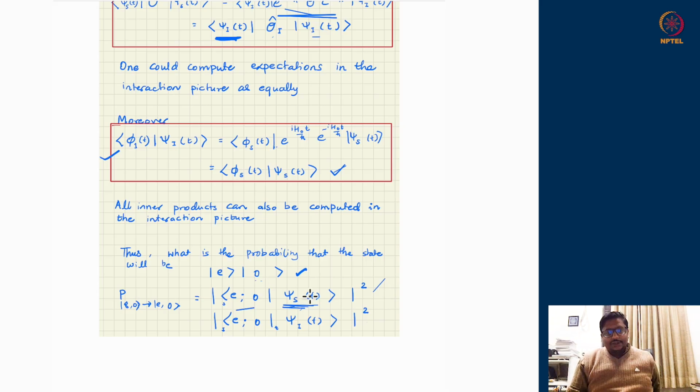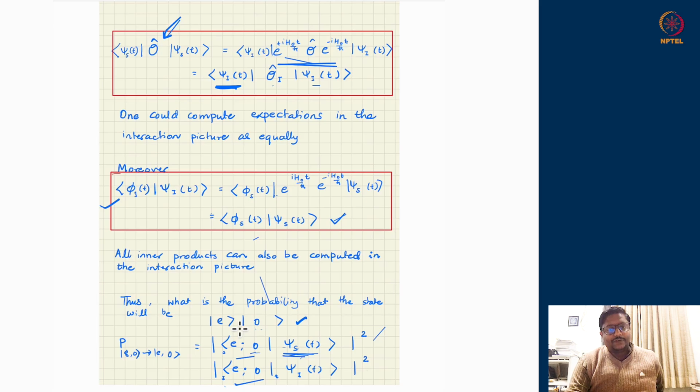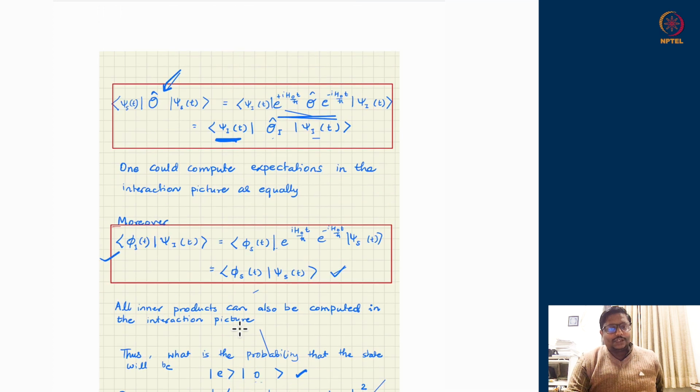This I can compute in the Schrodinger picture as well as in the interaction picture, as we have just learned. The only thing is that I have to write down the E0 here, which was previously in the Schrodinger picture, in the interaction picture, E0_I. And remember again, any interaction wave function is related to the Schrodinger wave function through e to the power i H0 t upon h bar.